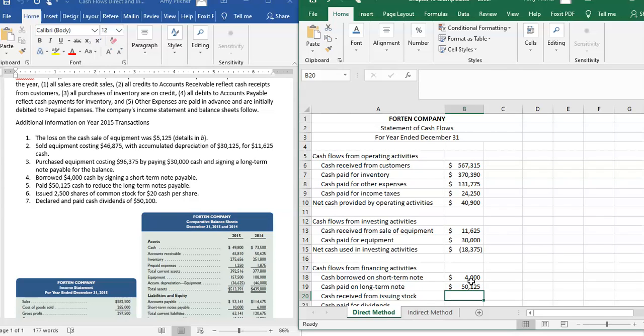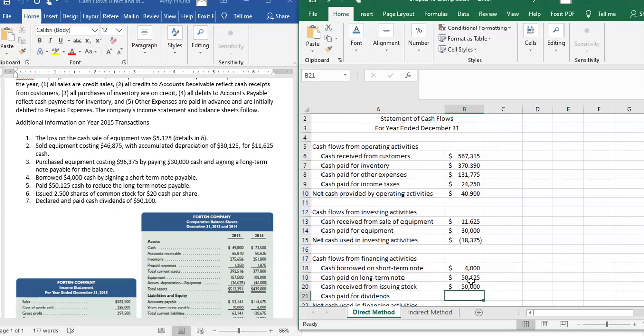Then we received cash from issuing stock. So it says that we issued 2,500 shares of common stock for $20 cash per share. If we take 2,500 times $20, we received cash of $50,000 for that stock sale. And we declared and paid cash dividends of $50,100.